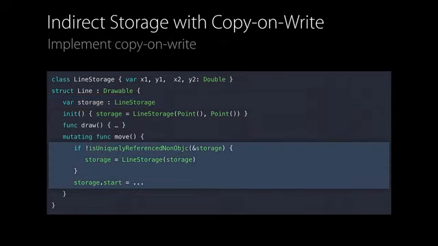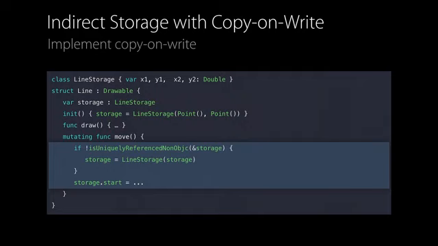However, when we come to modify, mutate our value, we first check the reference count. Is it greater than 1? This is what the isUniquelyReferenced call here achieves. The only thing it does is check the reference count. And if the reference count is greater than 1, we create a copy of our line storage and mutate that.